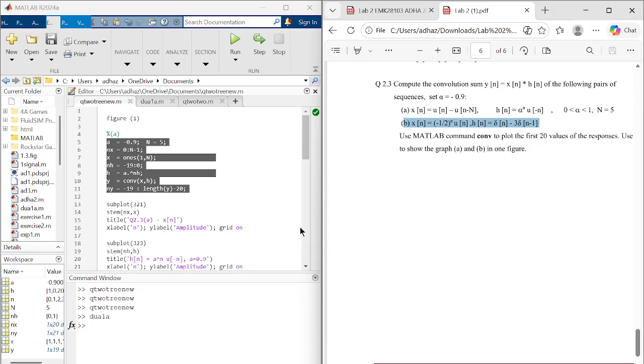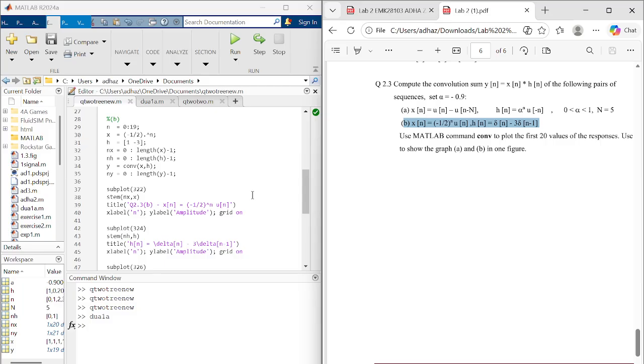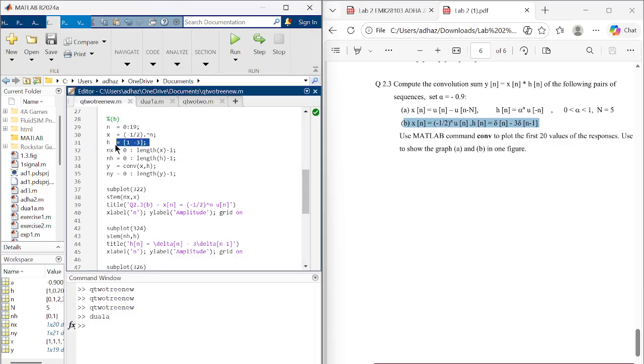In our MATLAB code, we just represent h as a simple vector, 1 and negative 3. Since both signals start at n equals 0, our output will start at 0.